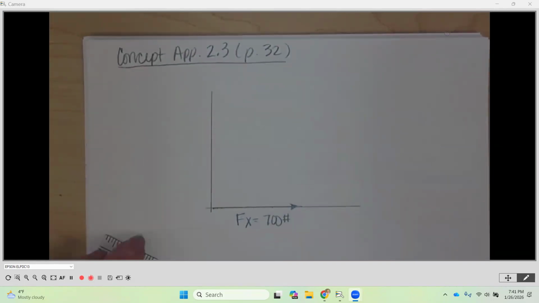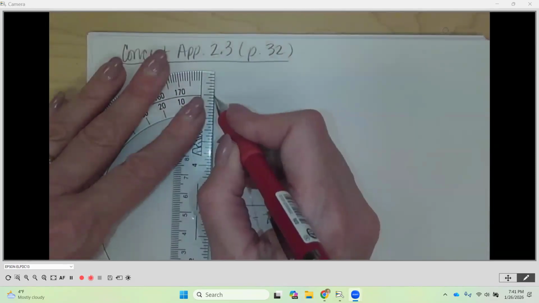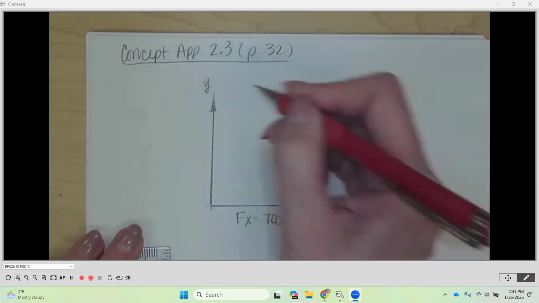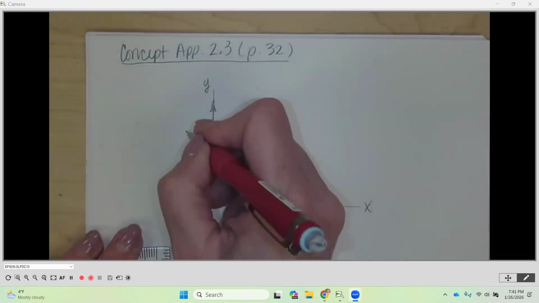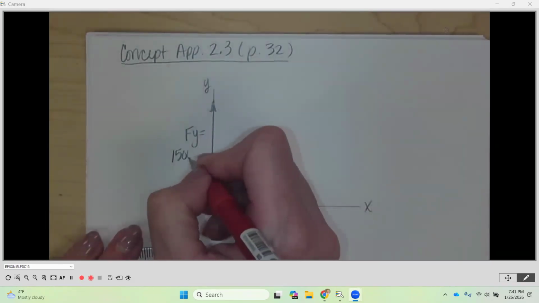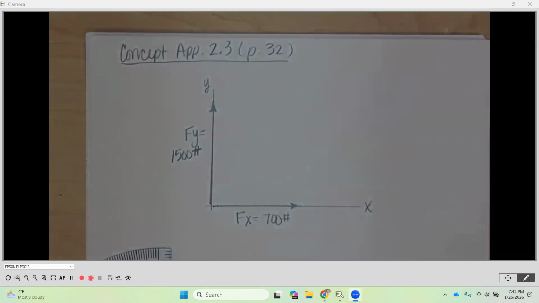So it's kind of like we're doing this problem backwards from the previous problems when we were finding the X and Y components. So this is Y, this is X, and our Fy is equal to 1,500 pounds. And what we want to do now is find the resultant, or the force that would be equivalent to the X and the Y's.